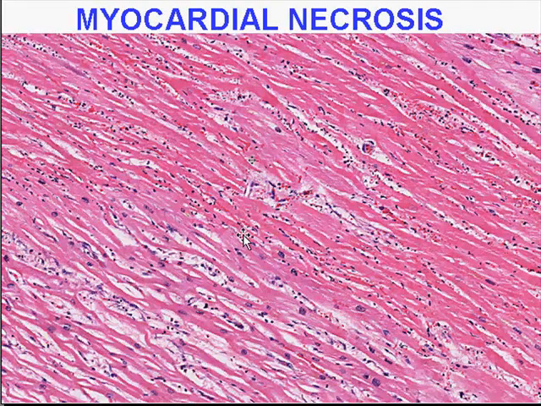Here's myocardial necrosis, and remember, myocardial necrosis can be the cause or the effect of shock. So it doesn't matter, but when you have inadequately perfused myocardium, you have loss of nuclei as an early light microscopic change and infiltration of neutrophils, which you're starting to see here more than you do here in the southwest.